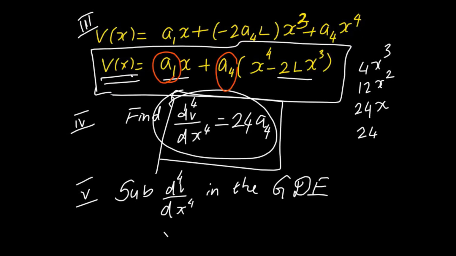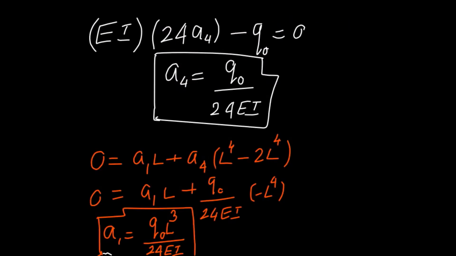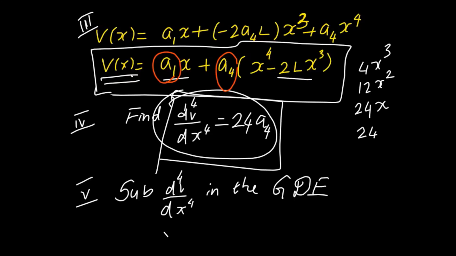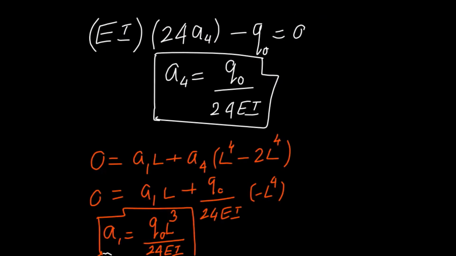Let me do that in the next step. Go ahead and substitute the value of A1 and A4 in the modified trial solution. V of x is equal to, what is the value of A1? It is Q naught L cube divided by 24 EI.